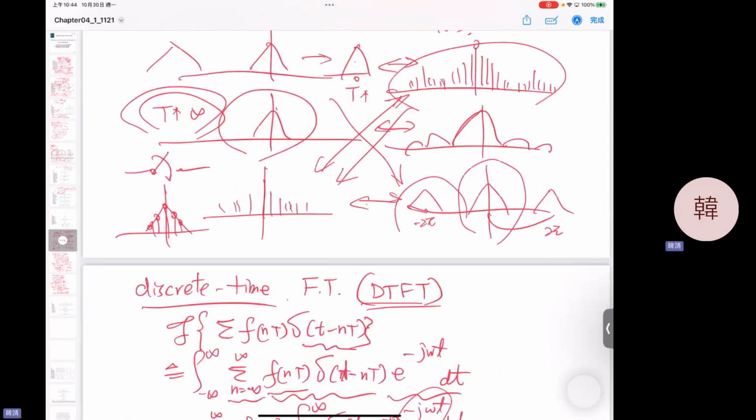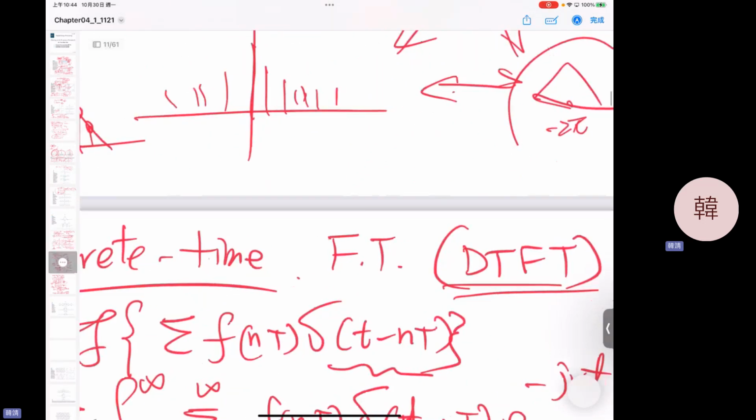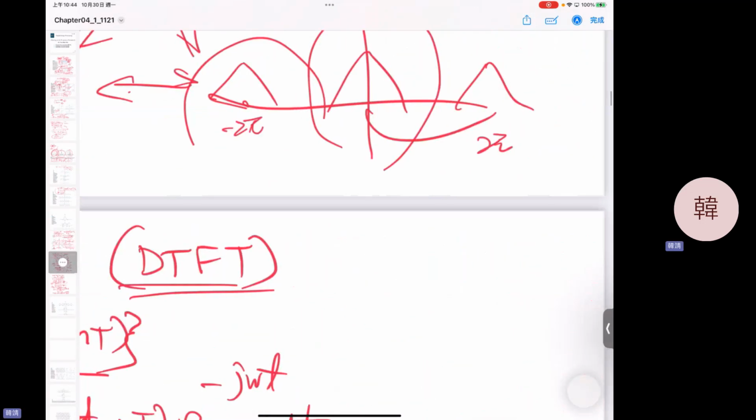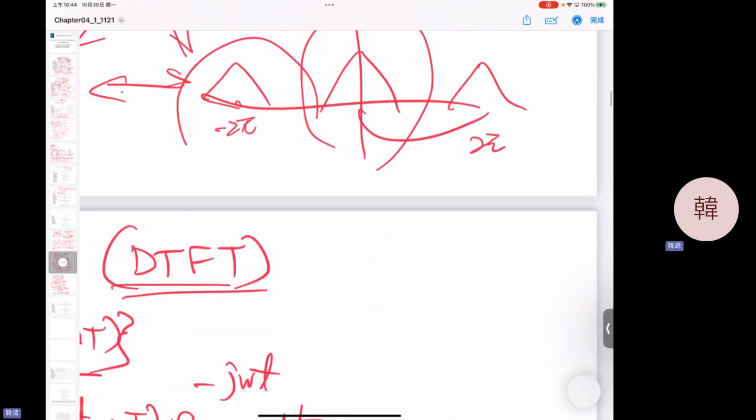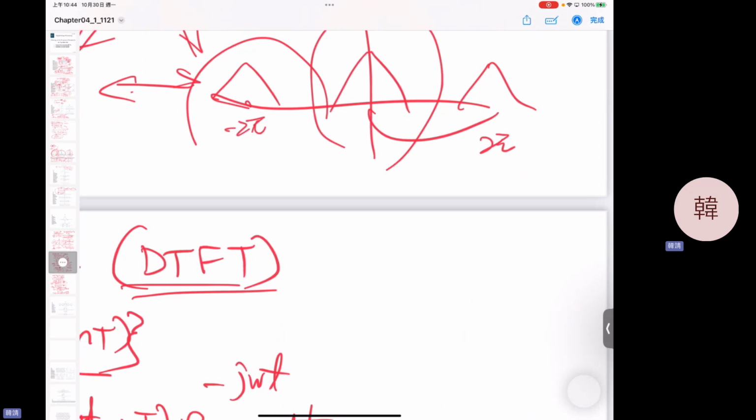And then we know the duality of the Fourier transform process. So you are going to sample your signal, and it becomes a sampled signal like this. Correspondingly, the result will be a repetitive, continuous spectrum. So when you sample your signal, you will have this kind of 2-pi repeated spectrum in the frequency domain.